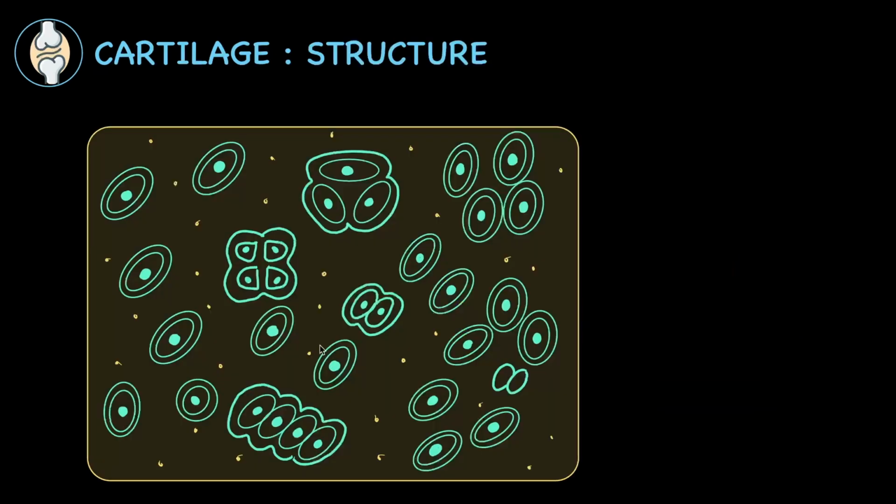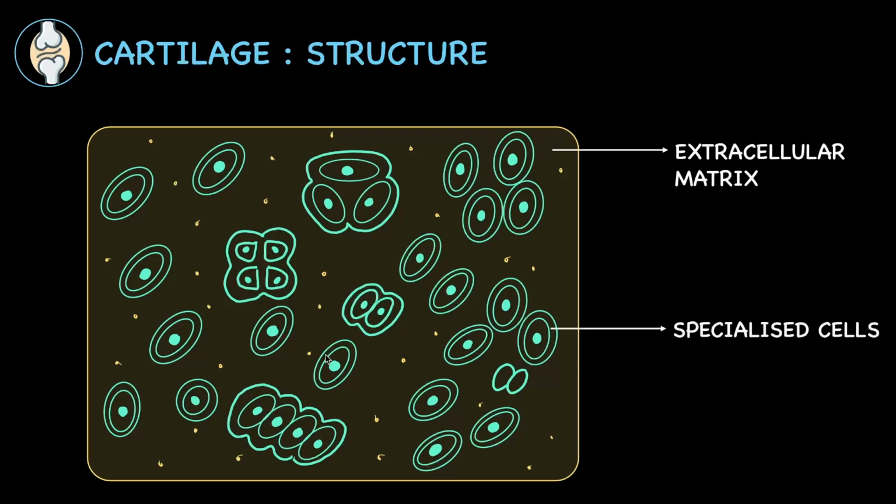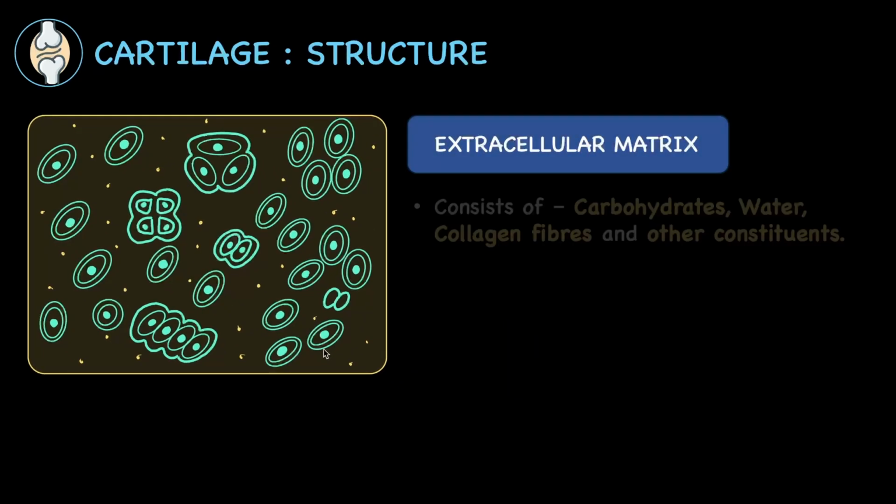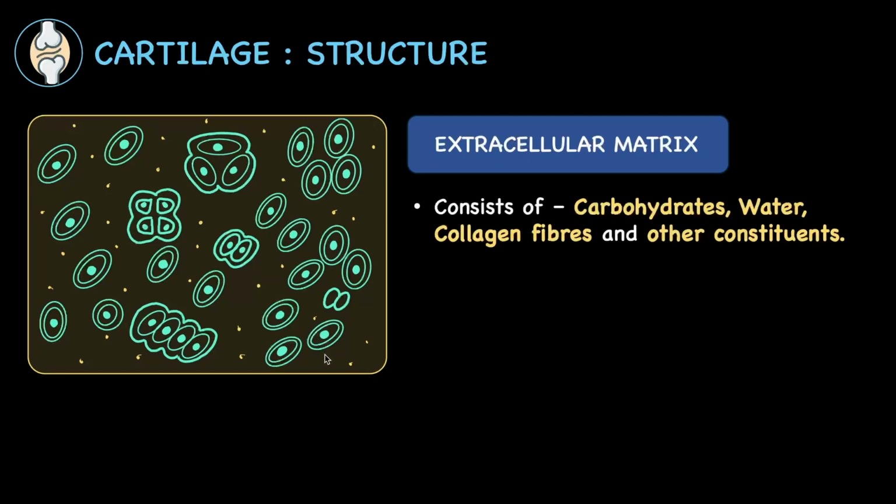Well, when we look at the structure of the cartilage, it has two main elements. It, of course, has an extracellular matrix, and there are some specialized cells. Now, when we look at the extracellular matrix, it is made of three important elements. It has carbohydrates, which roughly make up 10% of the matrix, water, which makes up about 75%, and collagen fibers that make up about 15%.